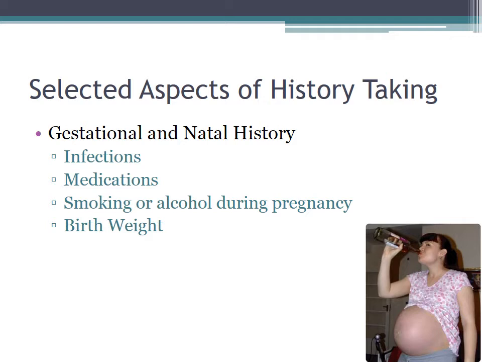So if you have a baby who you're suspecting congenital heart disease and they're large for their gestational age, then you should really be thinking transposition, because although most congenital heart defects, if they're going to affect weight, are going to reduce it, transposition is one where you'll actually see the birth weight increase. So that's a good association to know.